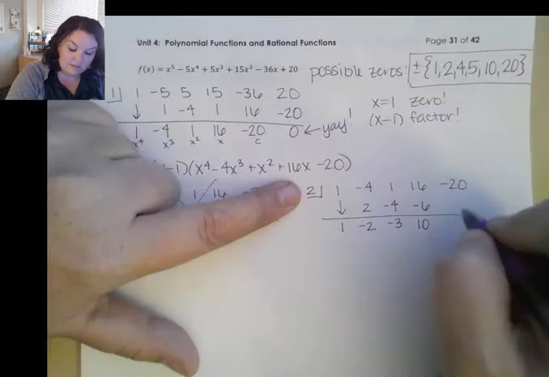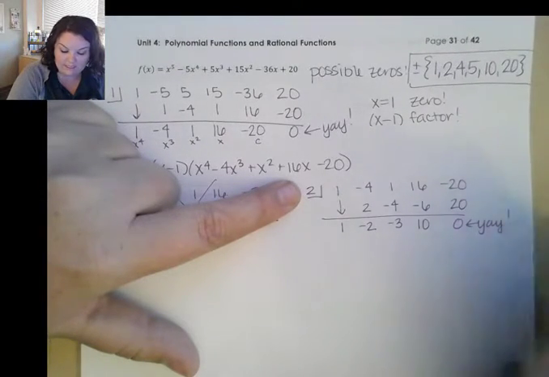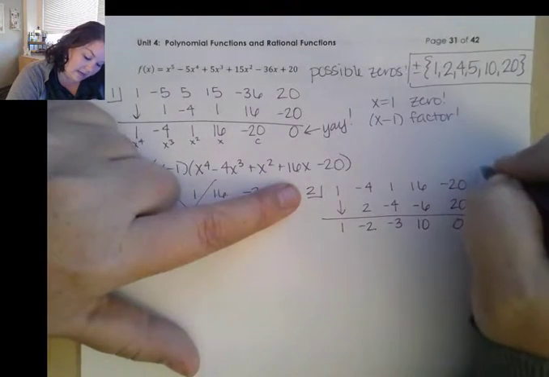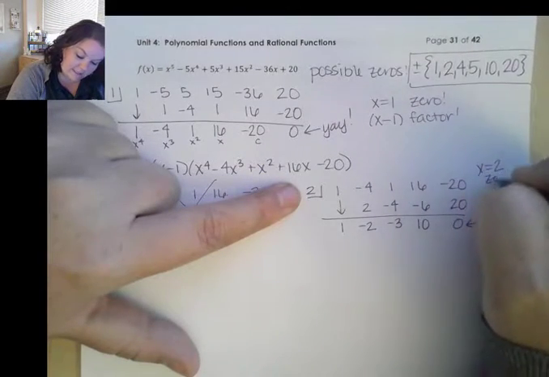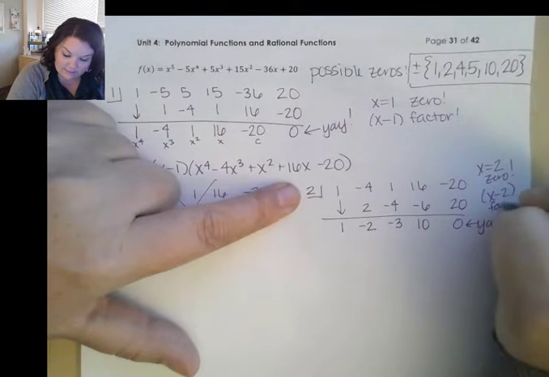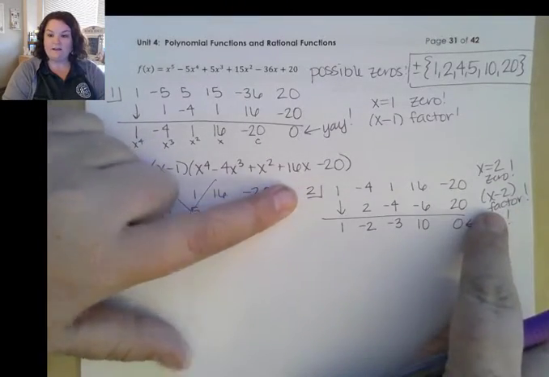Times the 2 in my box is 20, and that's going to give me the 0 that I needed. Yay! So this tells me that x equals 2 is a 0, which means that x minus 2 is a factor, right? So we found another factor.